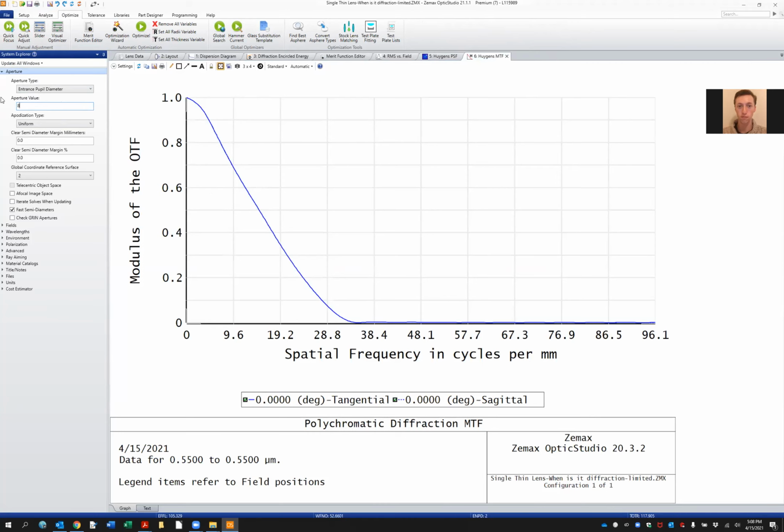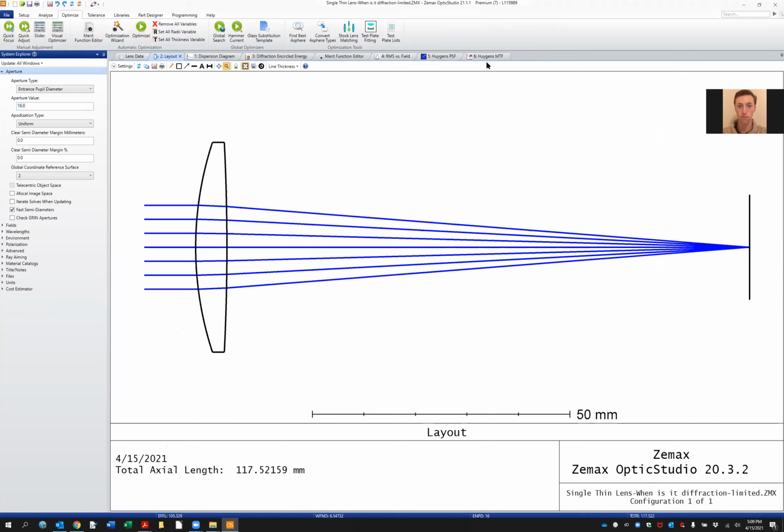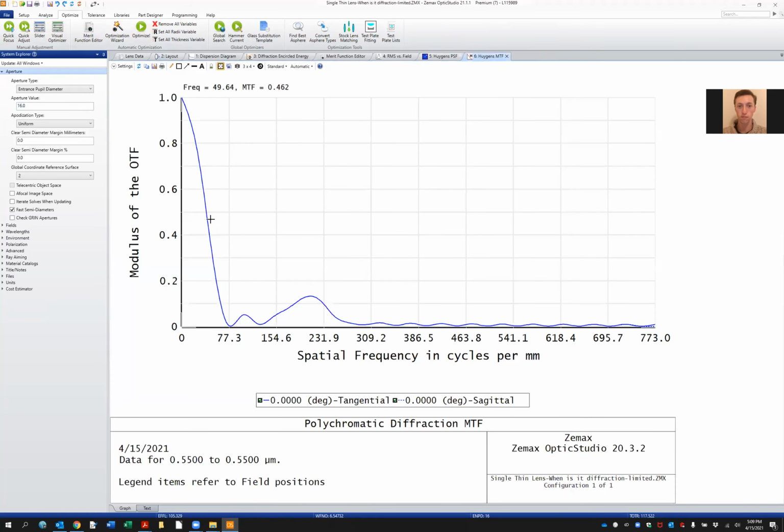But as we keep increasing, we are going to find that now the cutoff is about 60. Let's go out to 16. And let me just make sure that we're not in any danger of overfilling it.